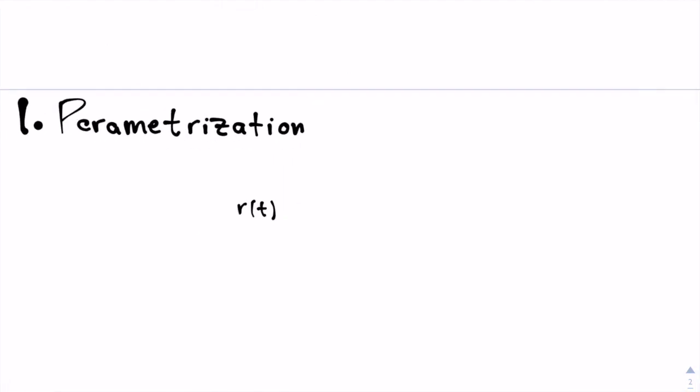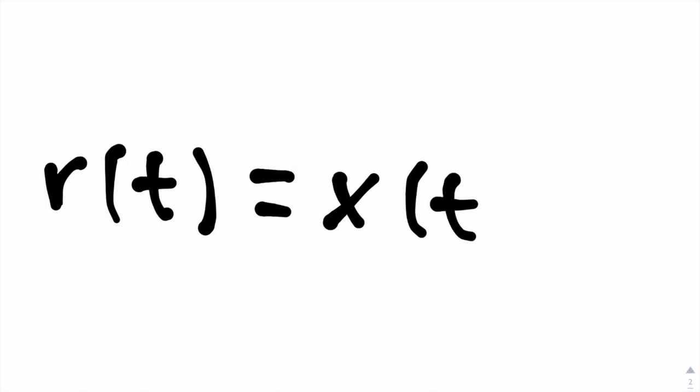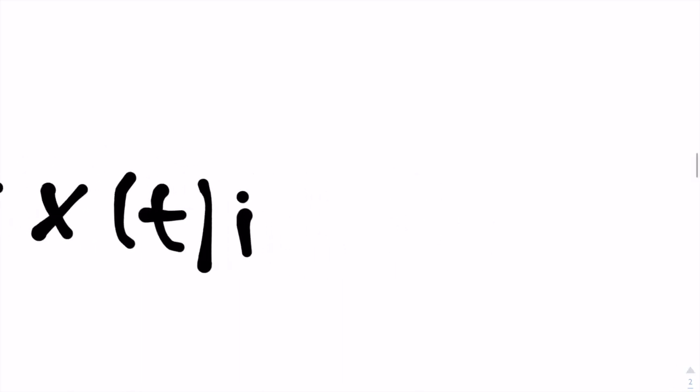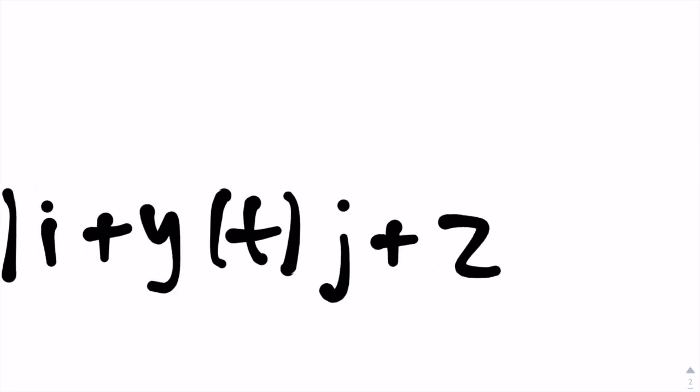Basically, we defined each component of the vector function r in terms of a parameter t, by saying that the x component was x as a function of t, the y component was y as a function of t, and the z component was z as a function of t.